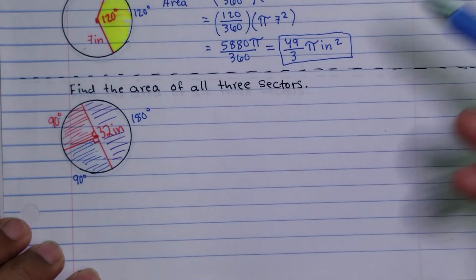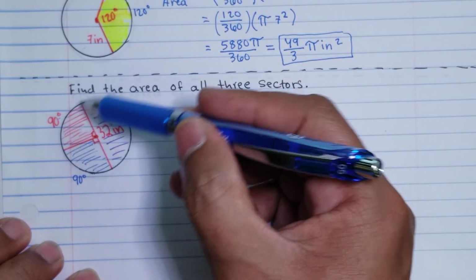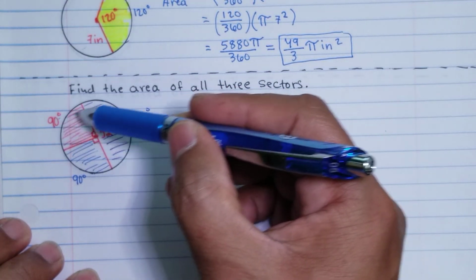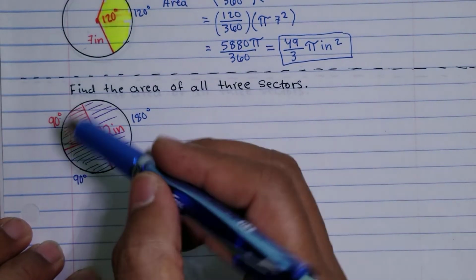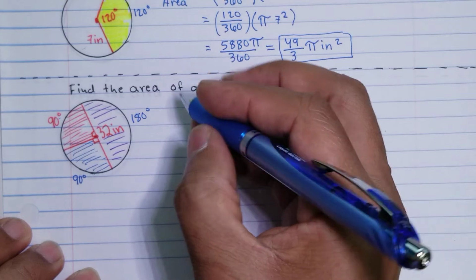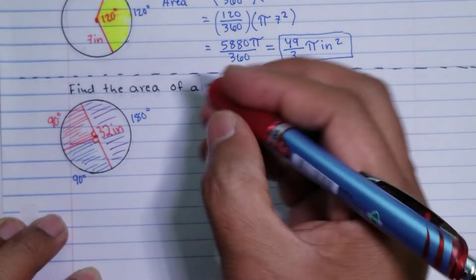Since these two angles are equal, the sector areas have to be equal. So let's start with this part, this area here.